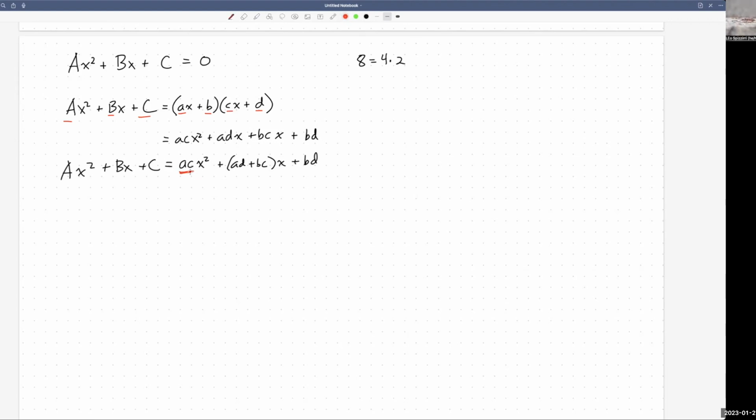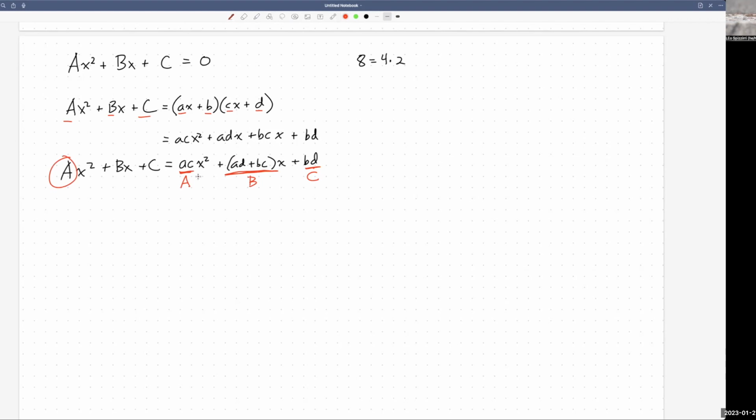This constant right here, lowercase a times lowercase c, has to be the same as capital A. This lowercase ad plus bc has to be the same as capital B. And lowercase b times d has to be the same as capital C, right?